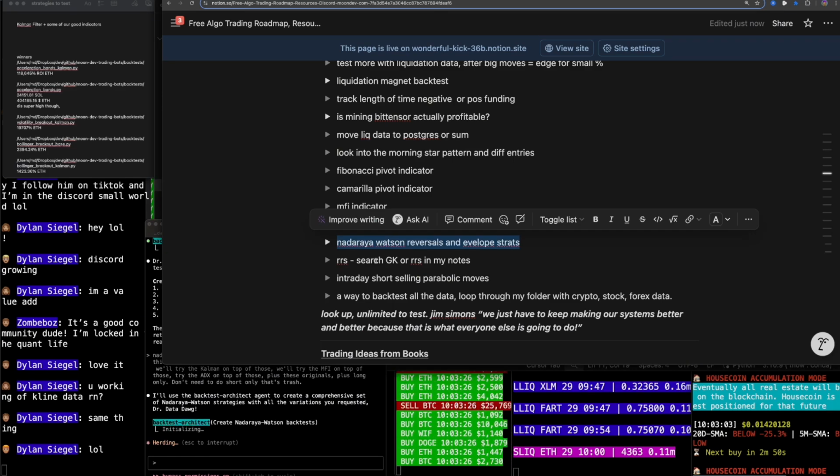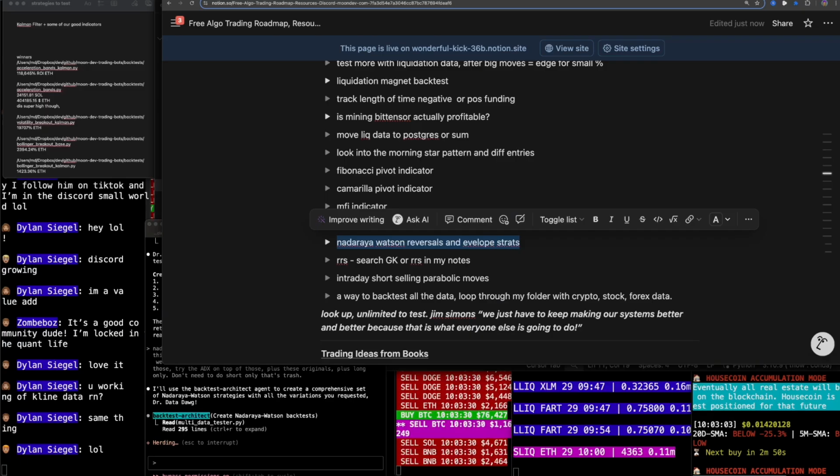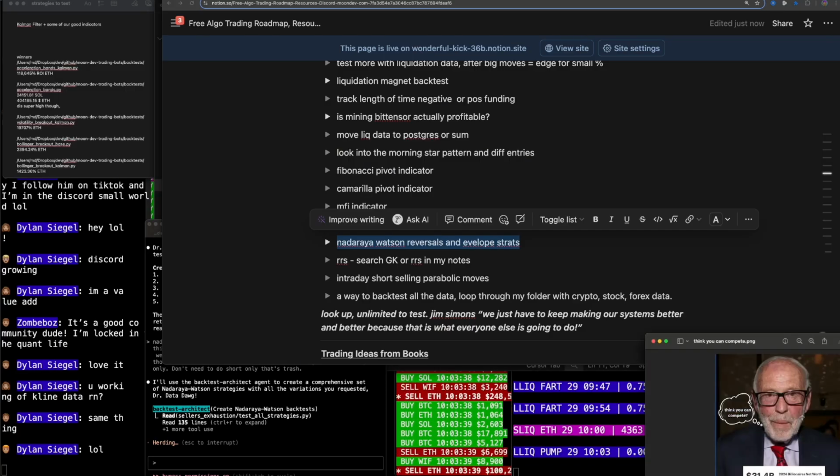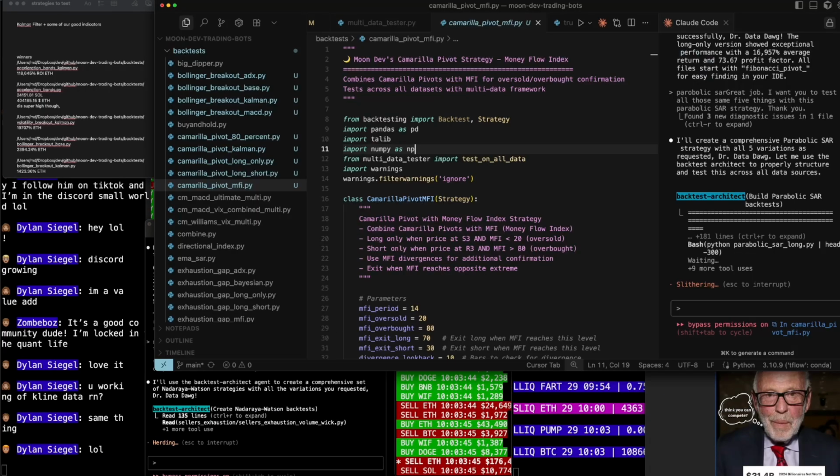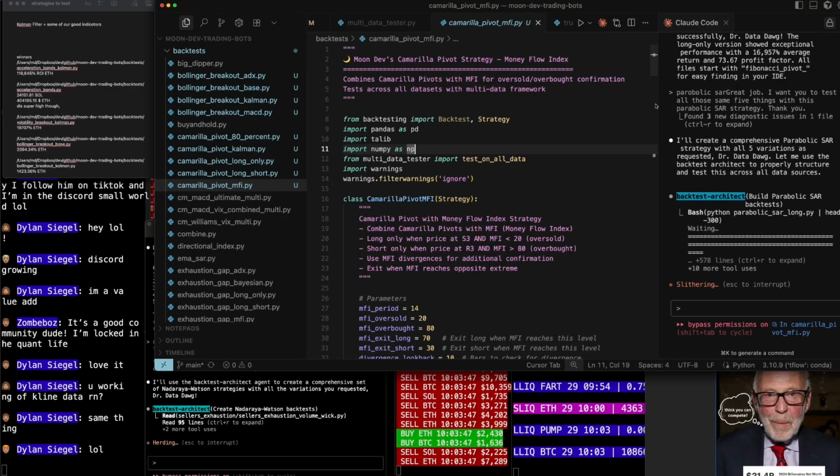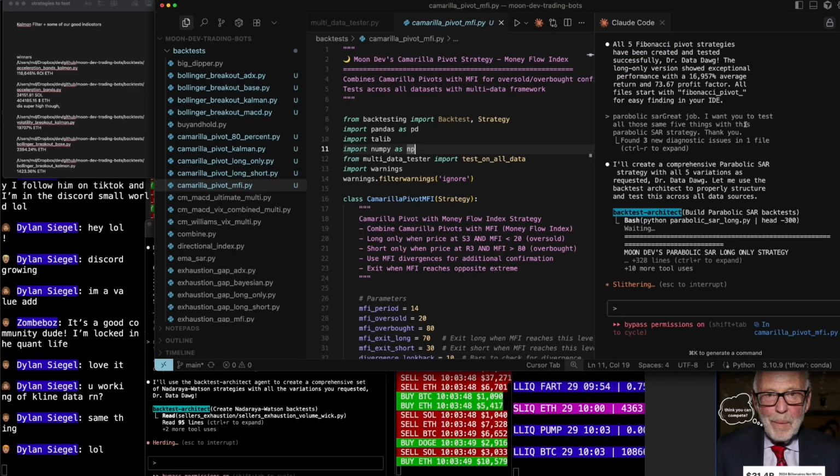This RRS strategy is actually really good. Already tested it. Real relative strength. Dylon, you might be interested in real relative strength. The people that worked for this guy told me about it. Said that he uses that, or they used that. Renaissance used it.